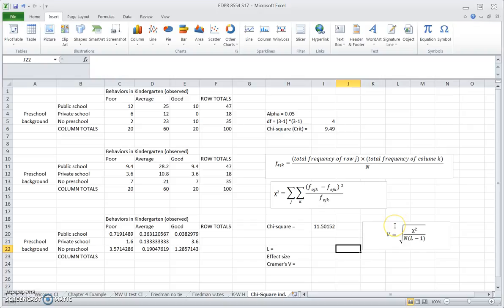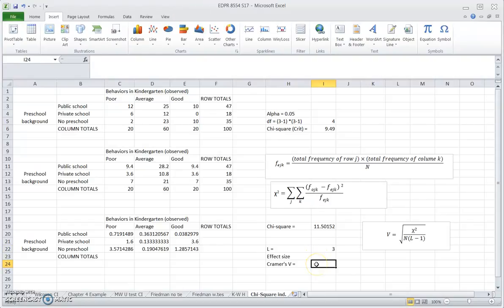And here is the formula for calculating Cramer's V. Chi-square is the calculated chi-square statistic. N is the total sample size. L is the smaller value of either the number of rows or the number of columns. In our case, we have 3 rows and 3 columns, so L equals 3.